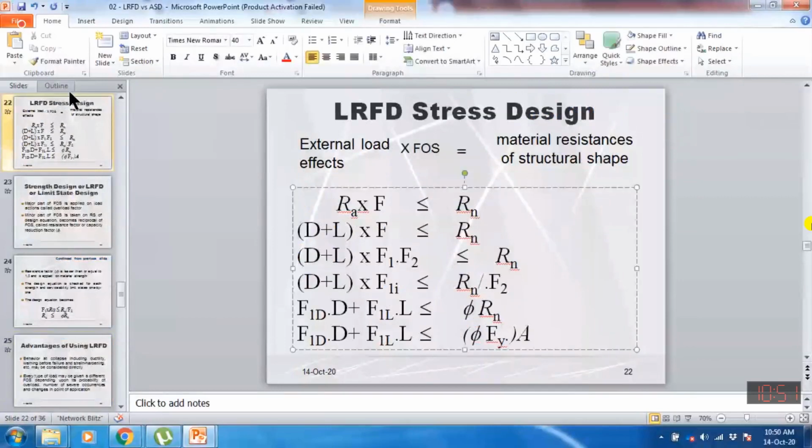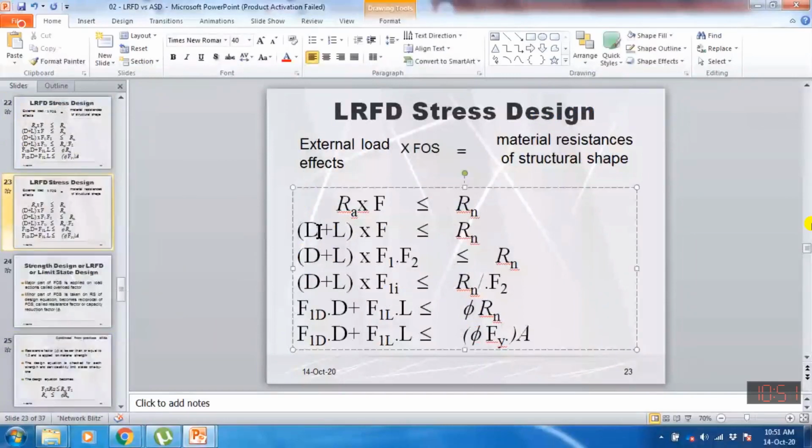Let's suppose dead load is 300 and live load is 100. And this factor of safety is 1.667 actually.